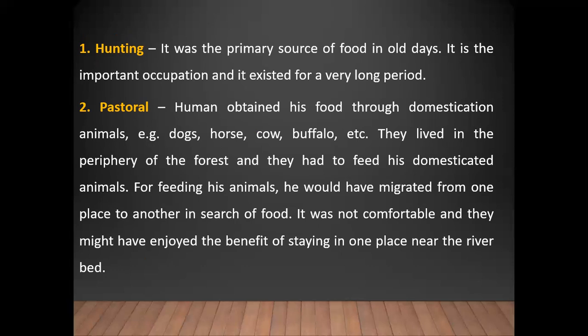The second is pastoral. Human beings obtained their food through the domestication of animals, for example dogs, horses, cows, buffaloes, pigs, etc. They lived in the periphery of the forest and had to feed their domesticated animals.